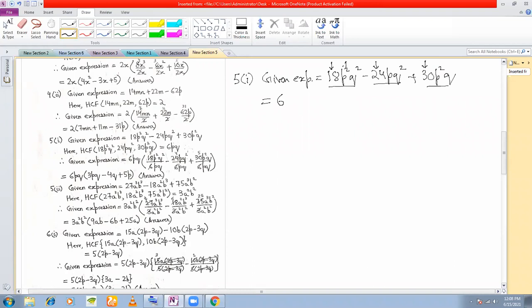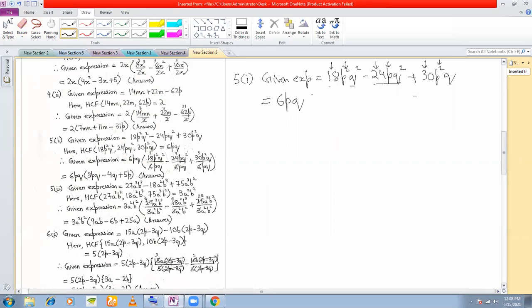Now next is p square, p, and p square. What is the HCF? The lowest power. Lowest power is 1. So only p. Q square, and q. Which one is the lowest power? Q. Okay, so this. Now once we take out the HCF, we want to write what remains.